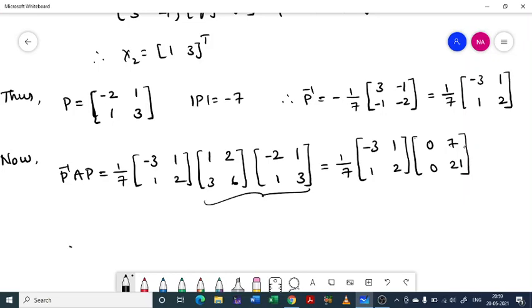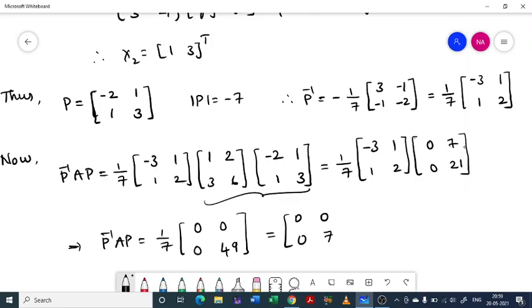Then P inverse AP will be 1 by 7 times minus 3 plus 3 is 0, minus 21 plus 21 is 0, 1 into 0 plus 2 into 0 is 0, 1 into 7 plus 42, it is 49. So multiplying by 1 by 7 inside, you get 0 0 0 7.